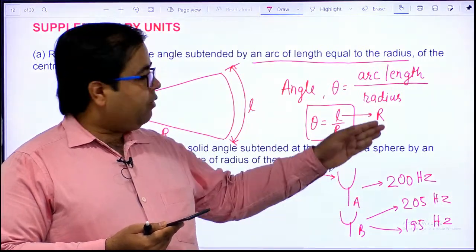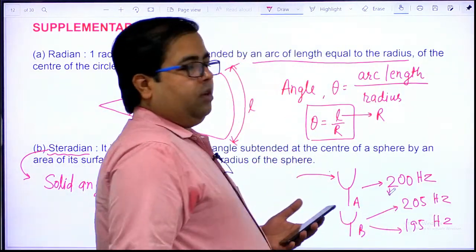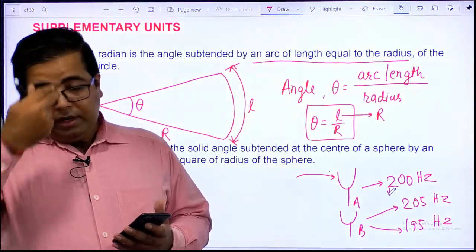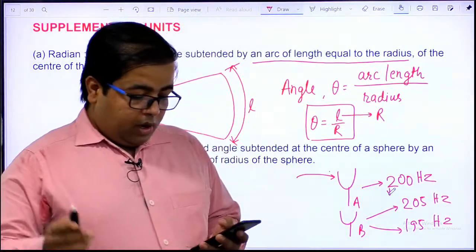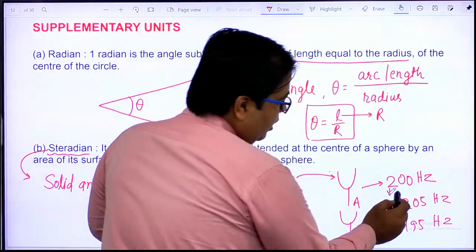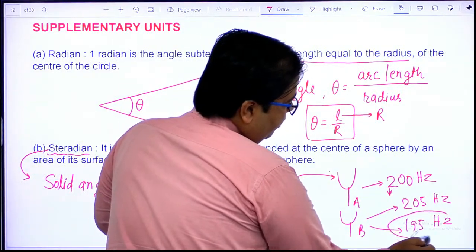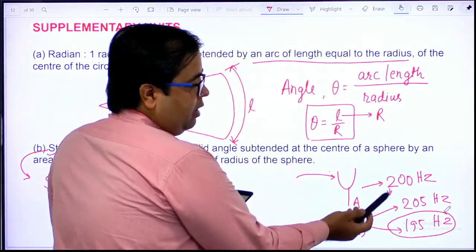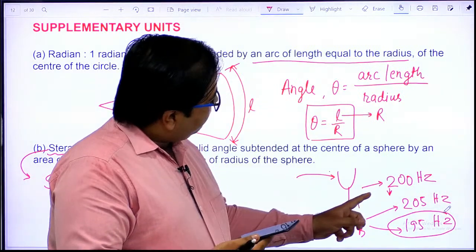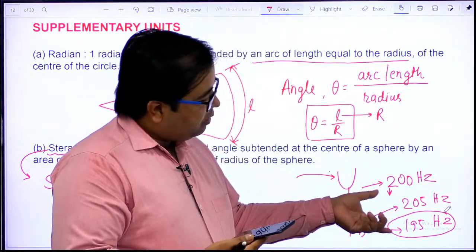As a result, its frequency decreases, so it will go below 200. If the frequency of B were 195, then as the frequency of A decreases below 200, the beats would decrease.